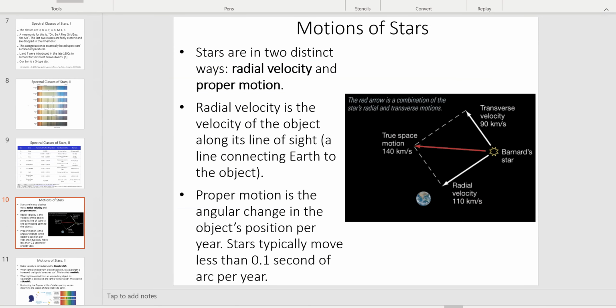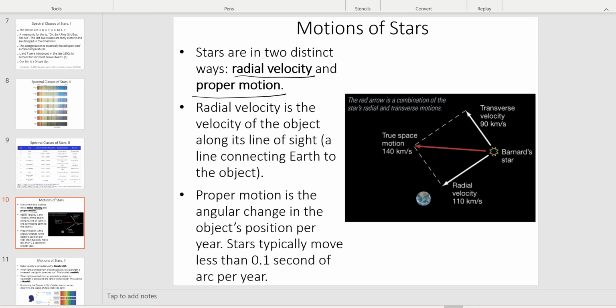Let's talk about the motions of stars, and then we will get to the way that we assess or measure the brightnesses of stars. Stars move in two basic ways. They have what we call radial velocities and then proper motion.